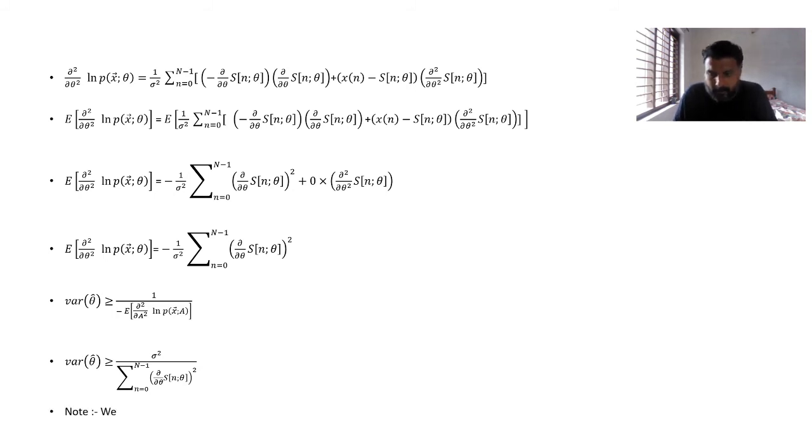That is, if the derivative in the denominator has a larger value, the right-hand side will have a small value.